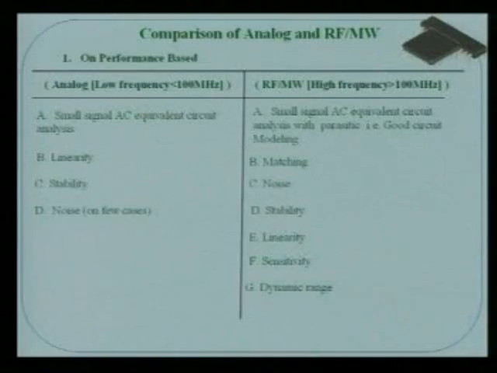So the noise model, vis-a-vis the origin of the noise, the theory behind it, should be done very strongly. So these four: linearity, small signal model, stability, and noise are the prime key factors of analog design. But if you look at RF design, along with these four, there are other two or three components coming. One is matching.